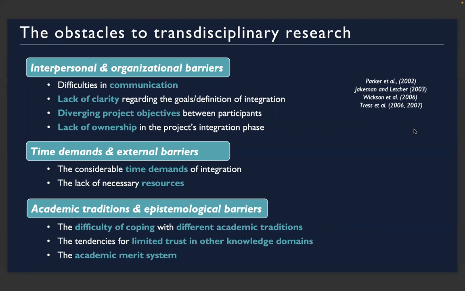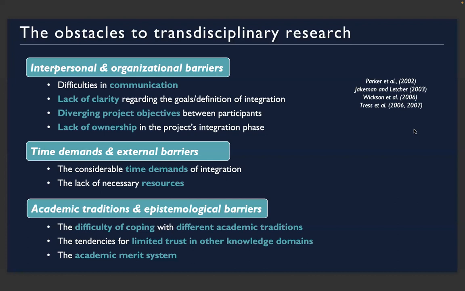Also, participants in a project generally have different objectives, so they don't work toward a common objective. And there is a lack of ownership in the project's integration phase: everybody agrees that integration is important, but nobody knows who is in charge of doing this integration phase.